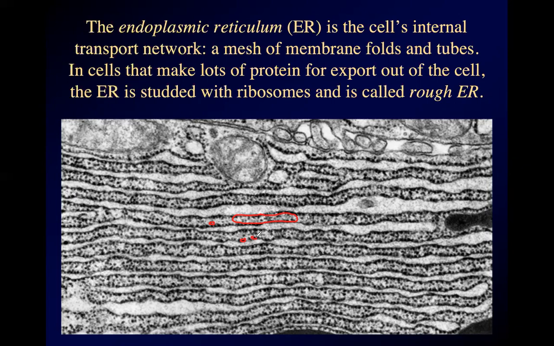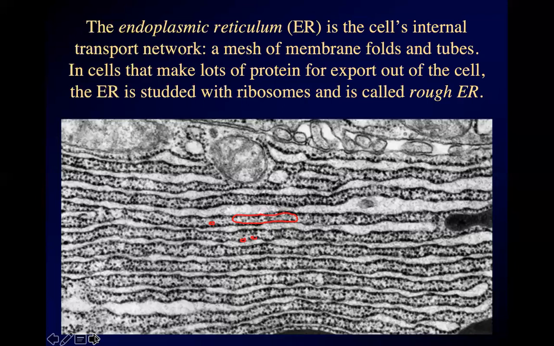So cells in your salivary glands right now are making that protein, and that protein is made on ribosomes that are stuck on the rough ER, and it passes between these folds of the rough ER, ends up packaged in a structure called the Golgi, and then expelled out of the cell and goes into your saliva.